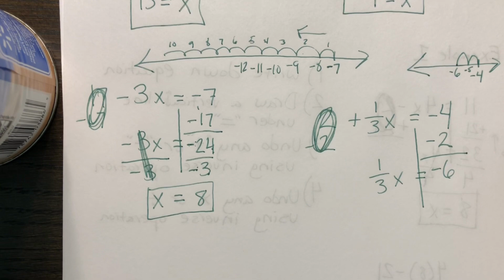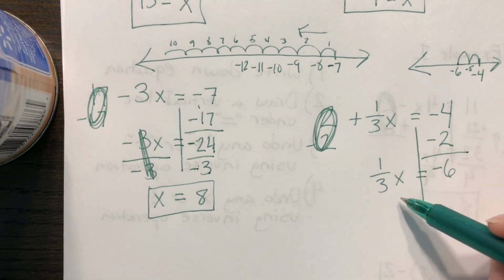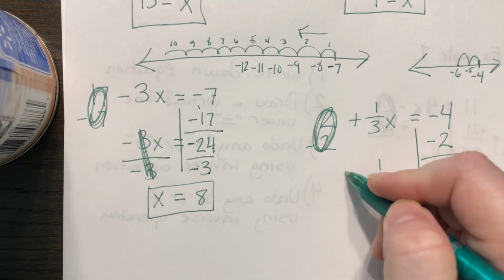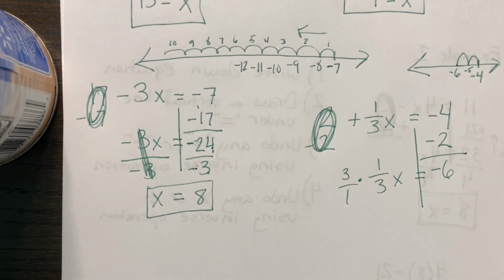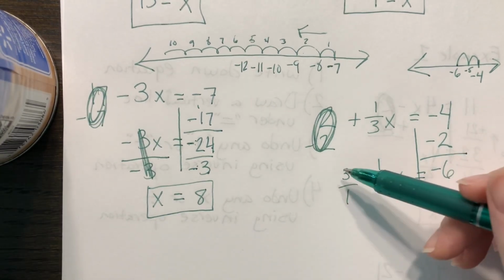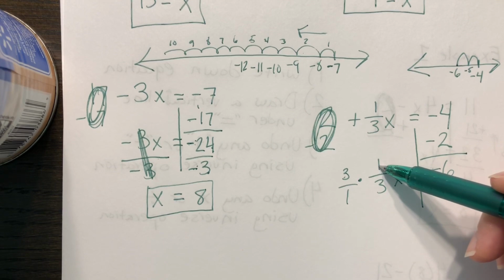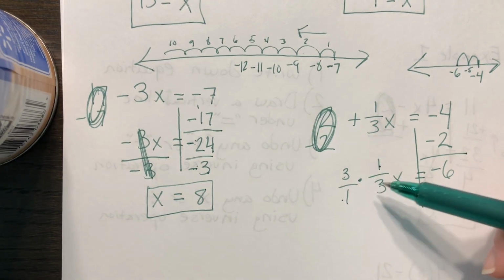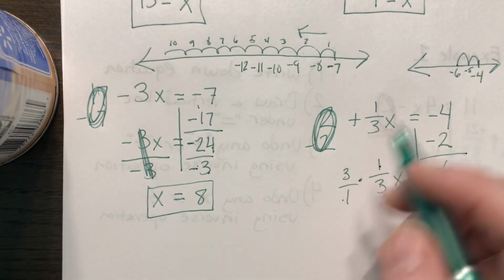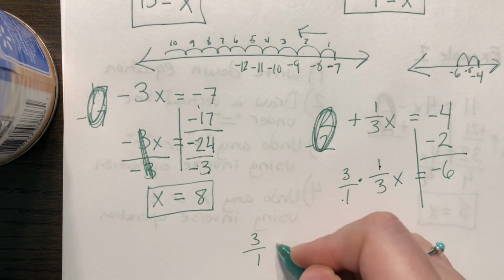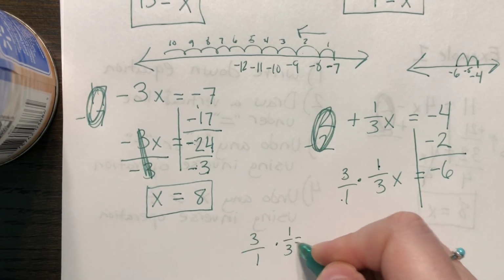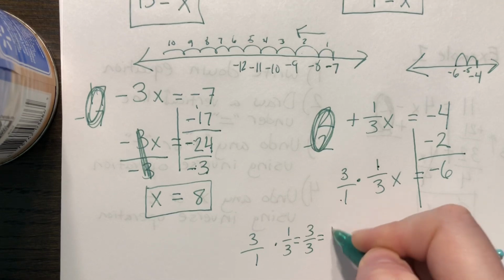Now here's where the weird part comes. When it comes to the fraction and you're looking for the inverse operation, what undoes it? To make 1/3 go away, I multiply it by 3/1. This makes it go away because 3 times 1 is 3 and 1 times 3 is 3, which just simplifies to 3 over 3, which is the same thing as just 1.